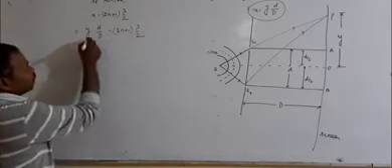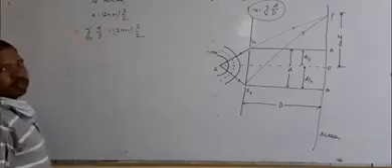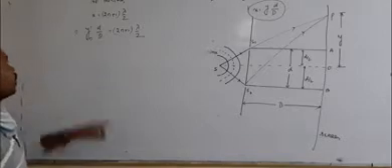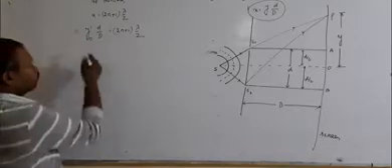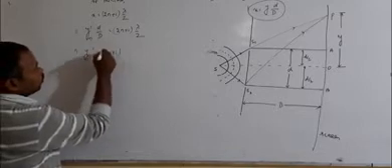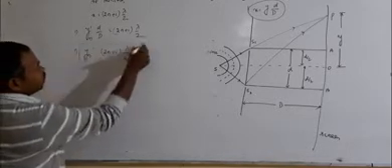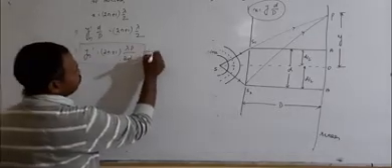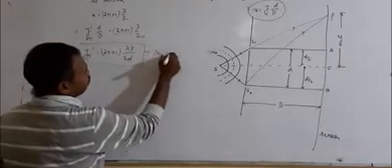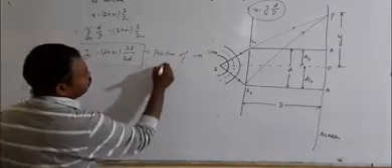Here also n has different values, so yn, and yn dash because I am taking yn for maxima and yn dash for minima. Or it implies yn dash equals (2n plus 1) lambda D by 2d. This is the position of the nth minima.